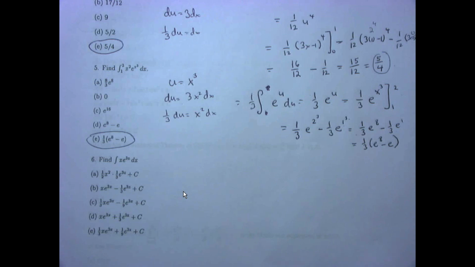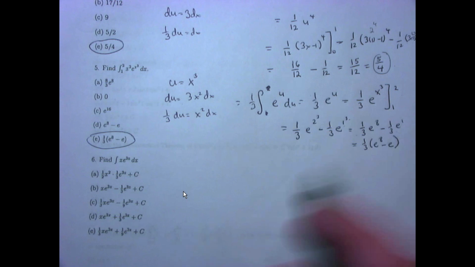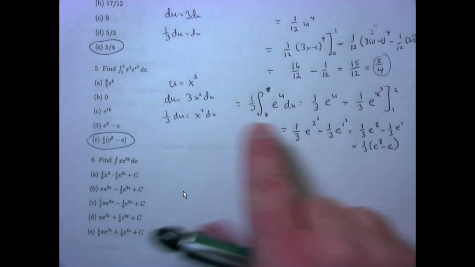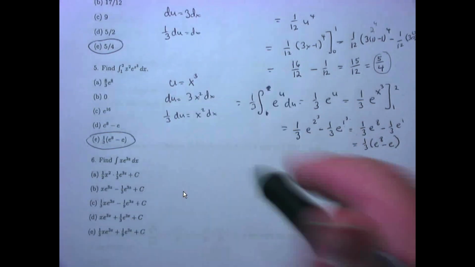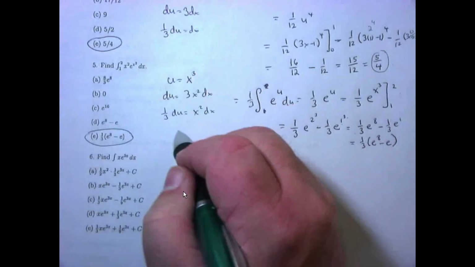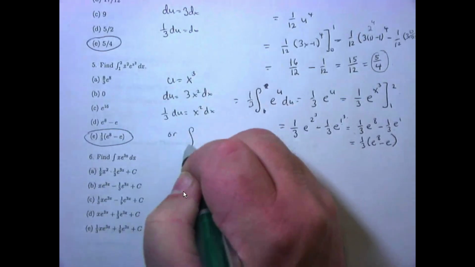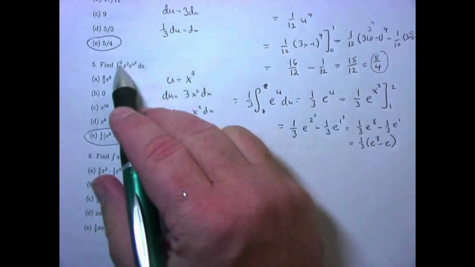If I change my bounds, and that's fine, you're welcome to do that too. I'm just practicing, so I back substitute because I'm working on these integral skills. But if you want to change your bounds, once you decide to use u substitution, you would change your bounds by letting x be equal to 1 and plugging it in here. 1 cubed is still 1.